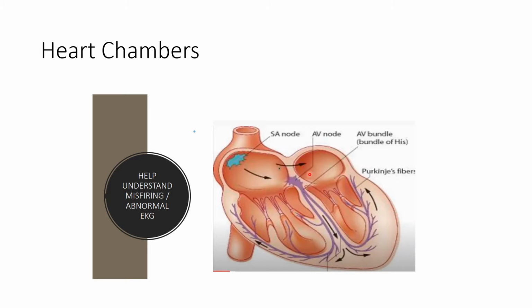Look at your atriums, look at your ventricles, look at your bundle of His, and look at your Purkinje fibers and see if you can repeat that. All right. Which of these initiates the P wave? Is it in the atrium or the ventricle? Which of these initiates the QRS? Is it in the atrium or the ventricles?